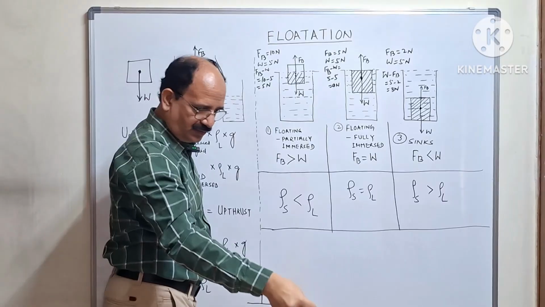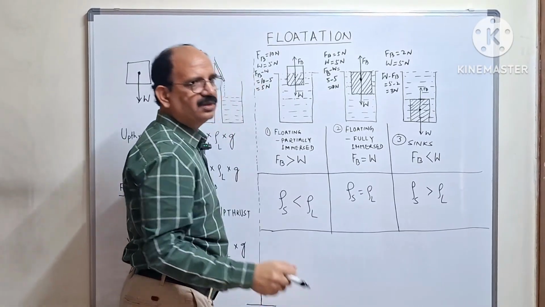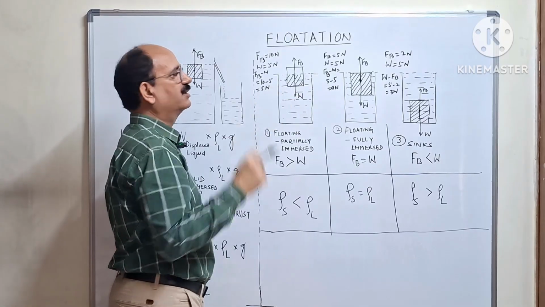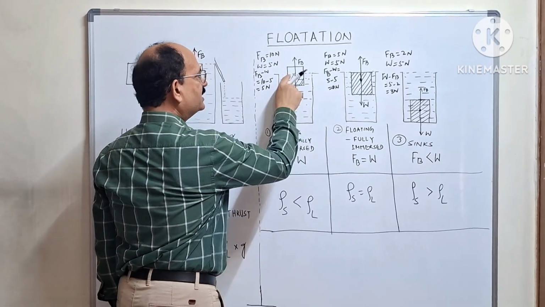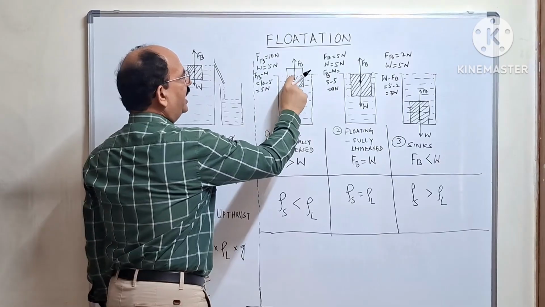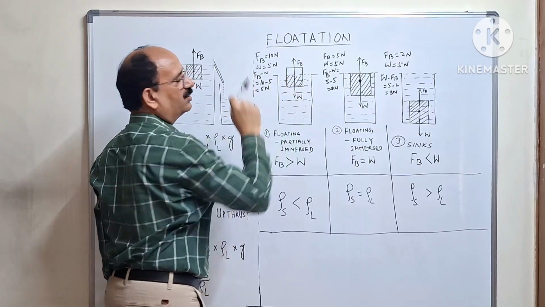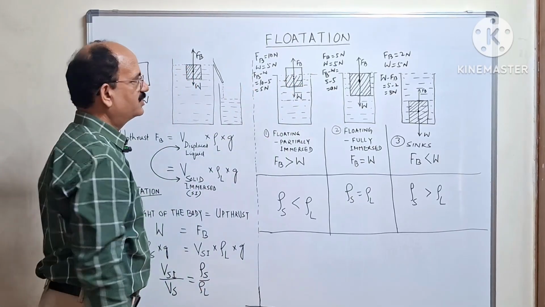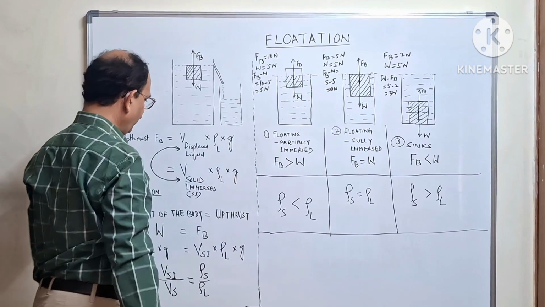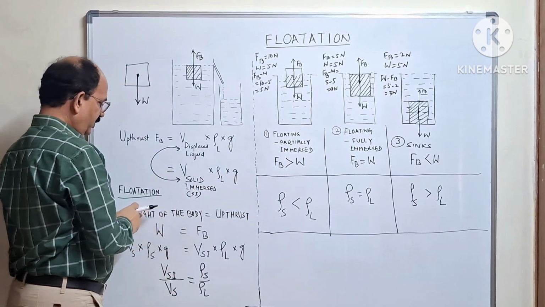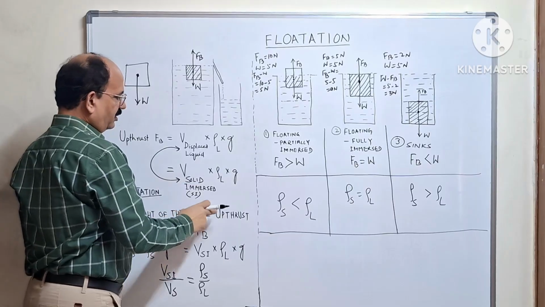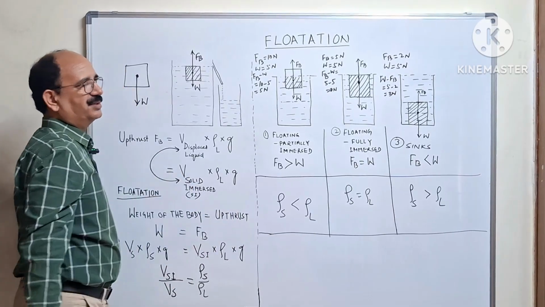If you forcibly put that cork into the liquid, then it will come onto the surface. But once it is on the surface, then the upthrust will be exactly equal to the weight of the body. So both these are examples of flotation where the weight of the body is equal to the upthrust.